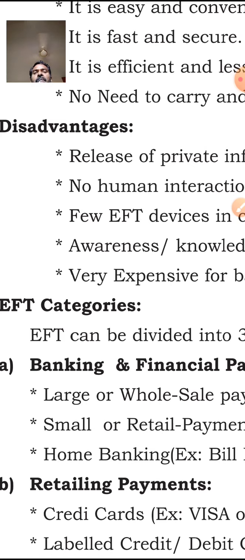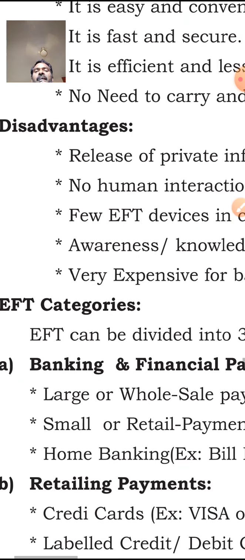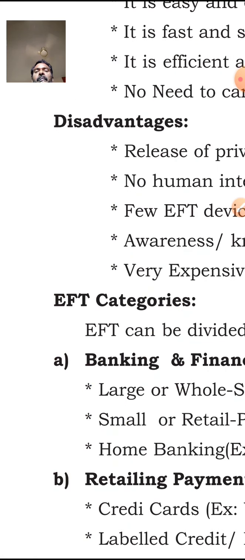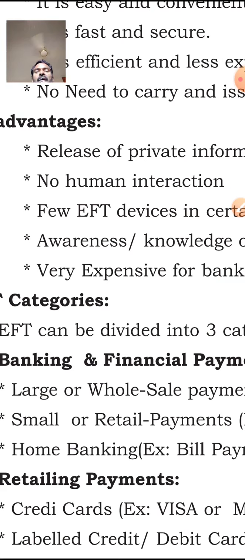That is the credit card number, CVV number, name on the card, expiry date of the card, and OTP. All these things you should share with that application. If that application is secured, then no problem, but if it is a non-secured application, then the private data of the customer may be released, and it may be used for disadvantageous purposes.